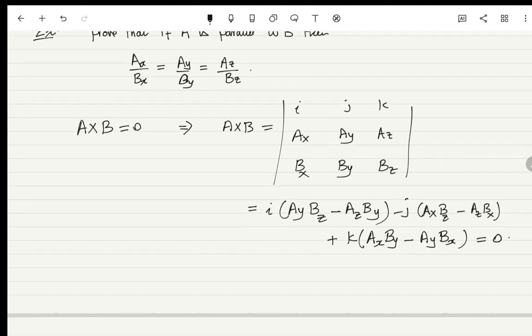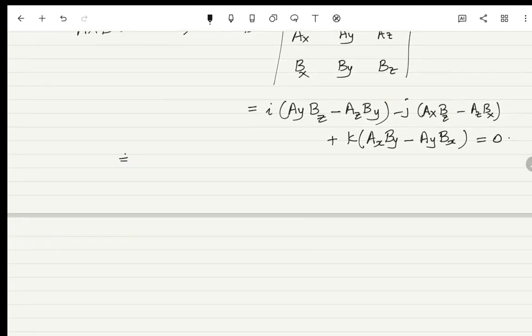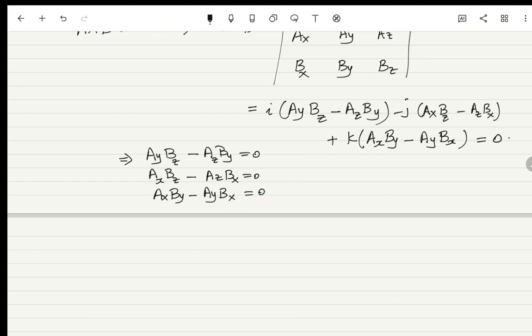And from this we can say that AY BZ minus AZ BY equals 0, and AX BZ minus AZ BX equals 0, and AX BY minus AY BX equals 0.